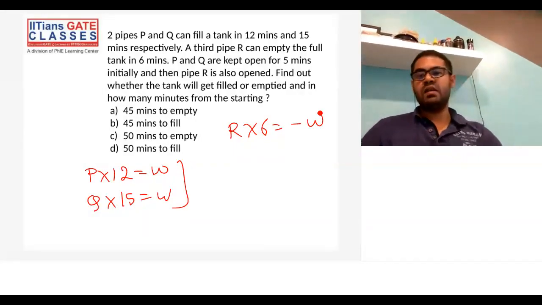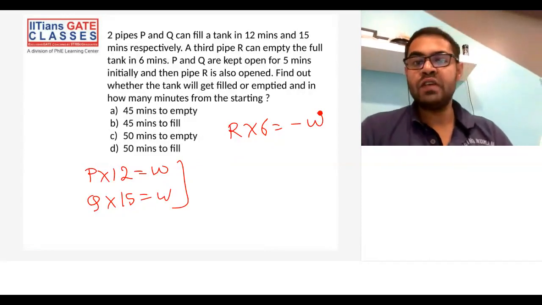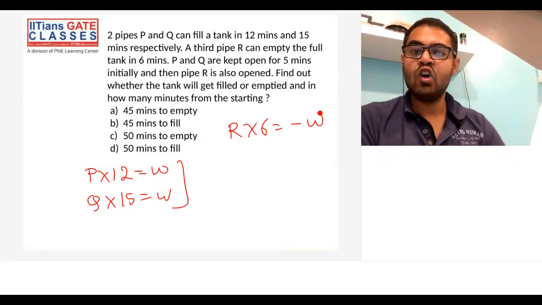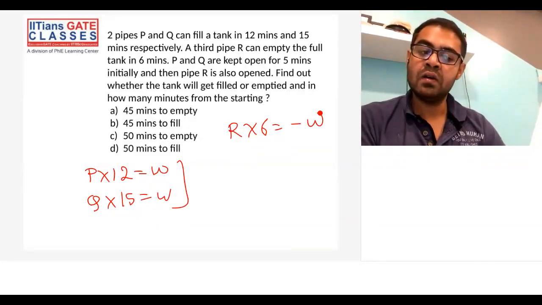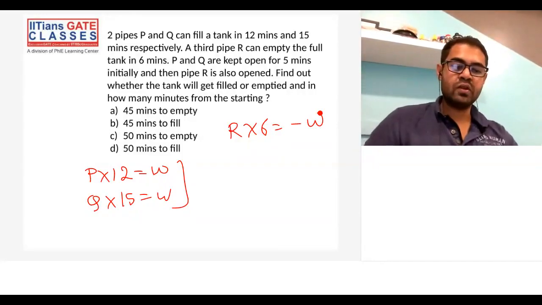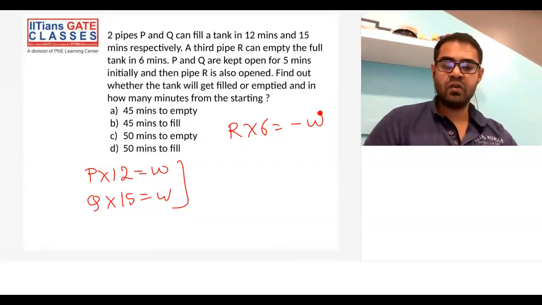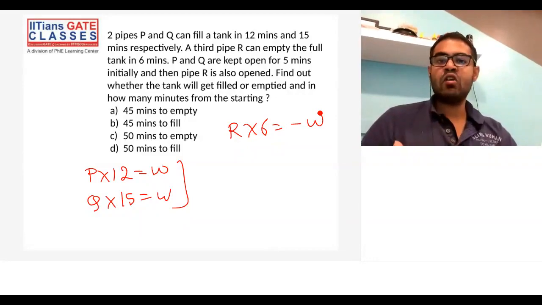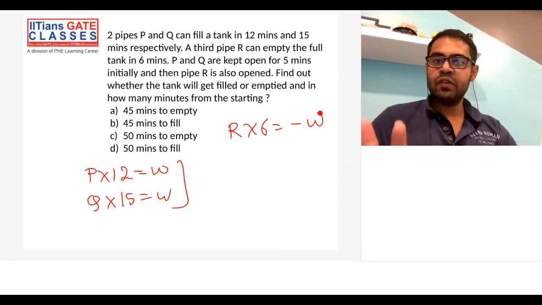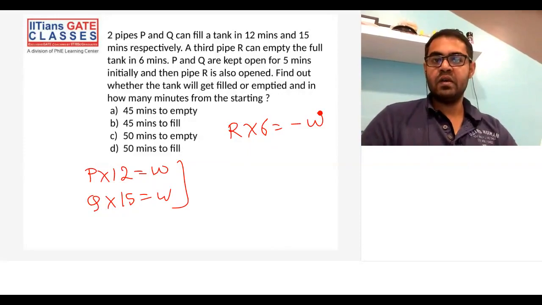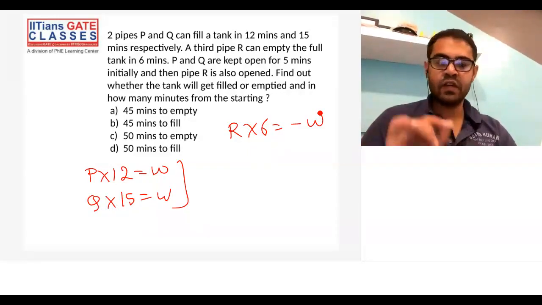Now here the problem is we don't know whether we will be able to fill up the tank, or the tank will never be filled. So we have to first figure out whether, when all three of them are working together, we will be able to fill up the tank. We have to figure out this point first.